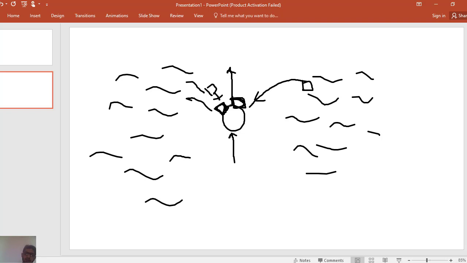After attachment to the surface of the bubble, they will start sliding on the surface of the spherical bubble. This is the spherical bubble of air.